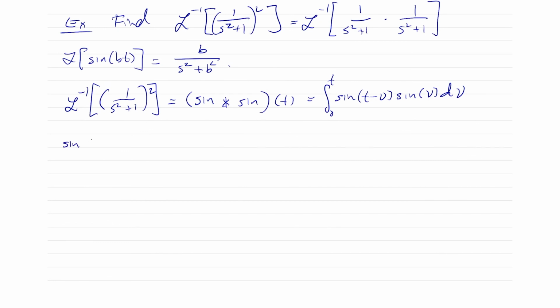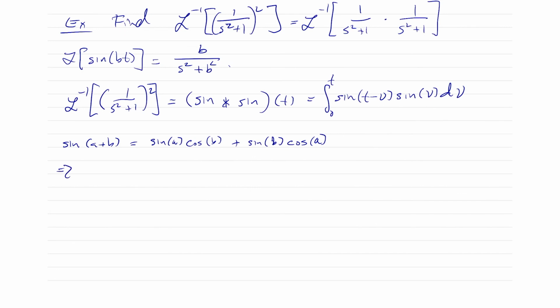Just remember, sine of a plus b is equal to sine of a times cosine of b plus sine of b cosine of a. That is the sum formula back from good old trigonometry.